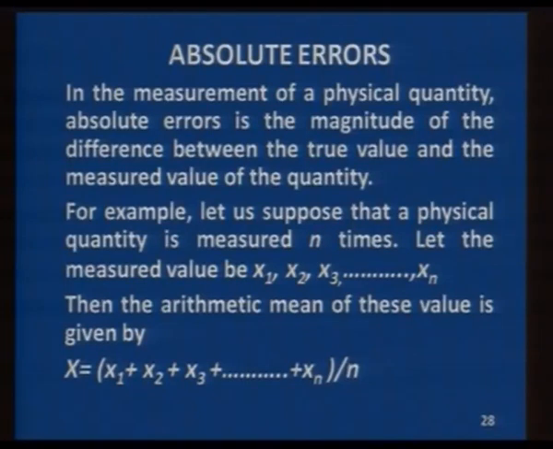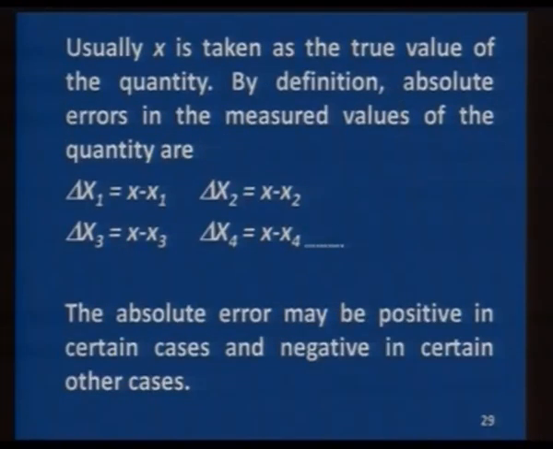For example, let us suppose that a physical quantity is measured n times. Let the measured values be x1, x2, x3 up to xn. Then the arithmetic mean of these values is given by the sum of all these quantities divided by n, and we consider that it is very near to the actual value or true value.